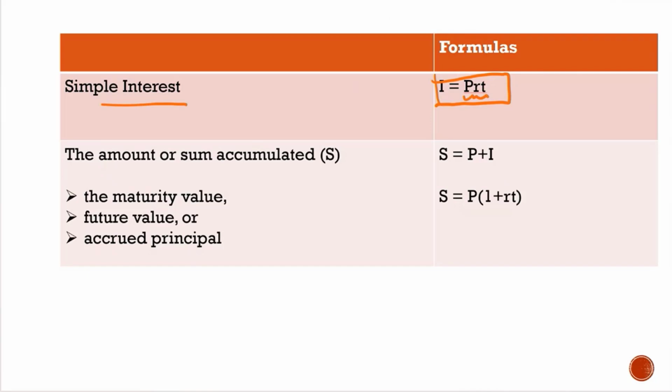Here is another very critical formula that defines simple interest. The S is for your future value, or the accumulated amount. Sometimes you find the texts talking about accumulated value.